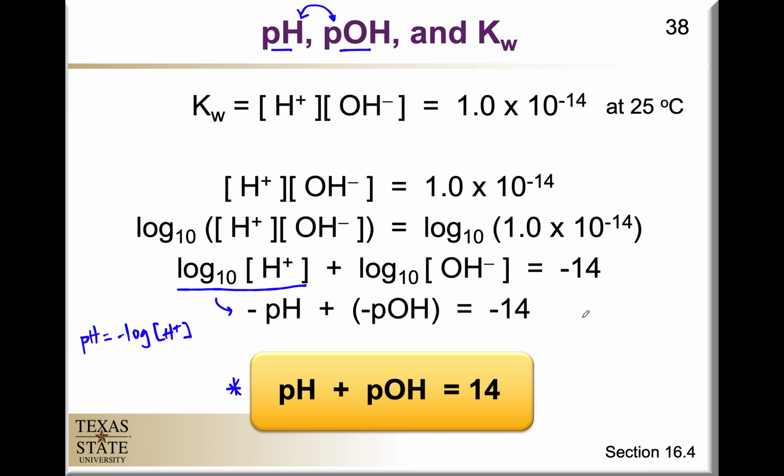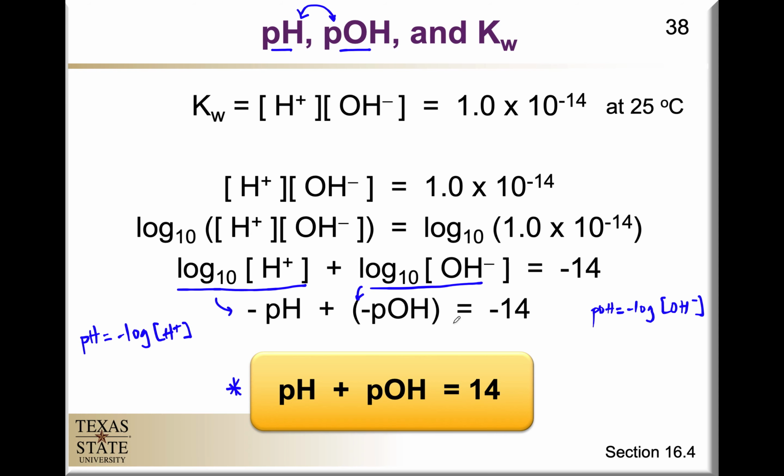Similarly, we had said that pOH was equal to the negative log of the hydroxide ion concentration, which means that this is the negative of that. So basically I call this the negative pOH. So now what we have is that negative pH plus the negative of the pOH is equal to negative 14.